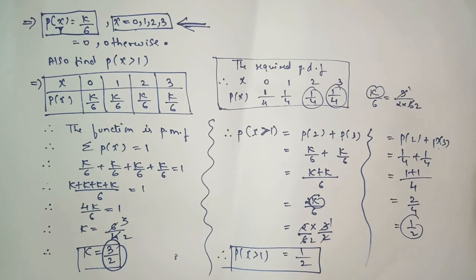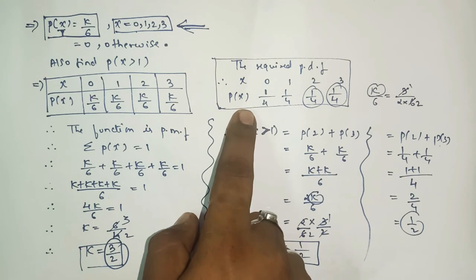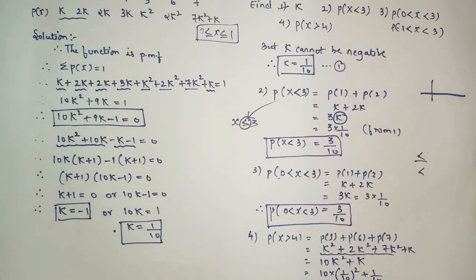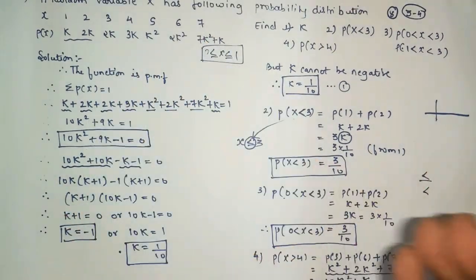It is up to you in the board exam whether you want to construct the required PDF and then find the answer, it's okay, or you can directly find it also. So this was sum number 3, and I guess the same sum is there for commerce as well as science also. It will be the 8th or 7th question in the textbook.